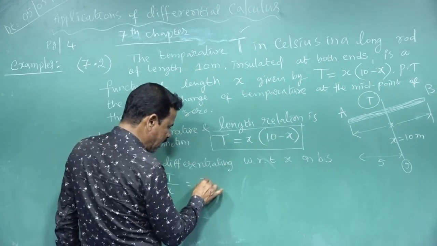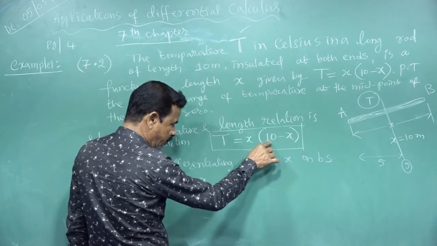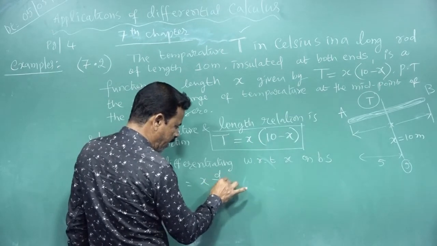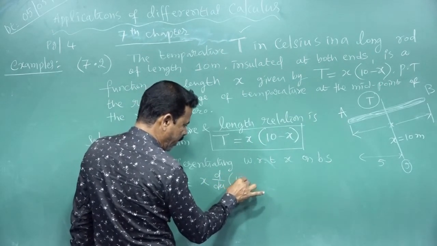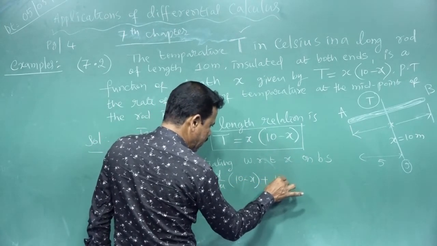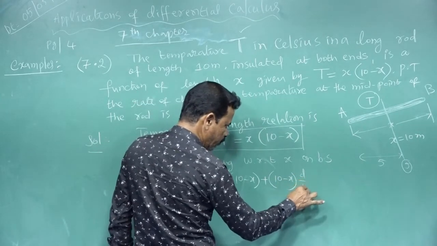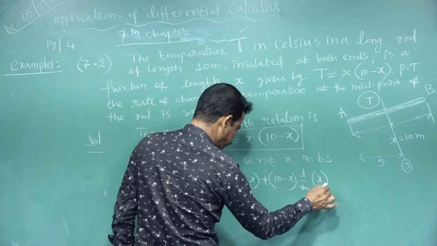So x as it is, times d/dx of (10 - x), plus, keeping 10 - x constant, d/dx of x.